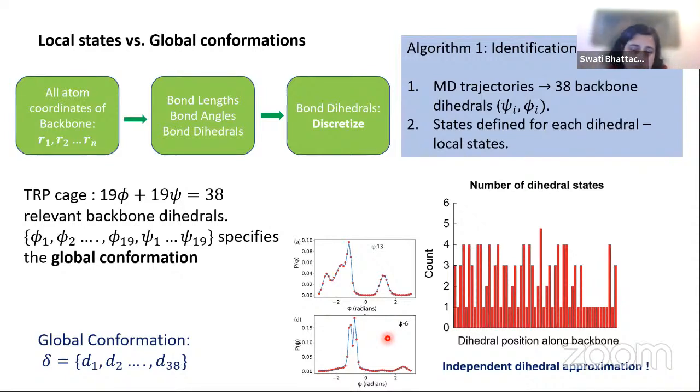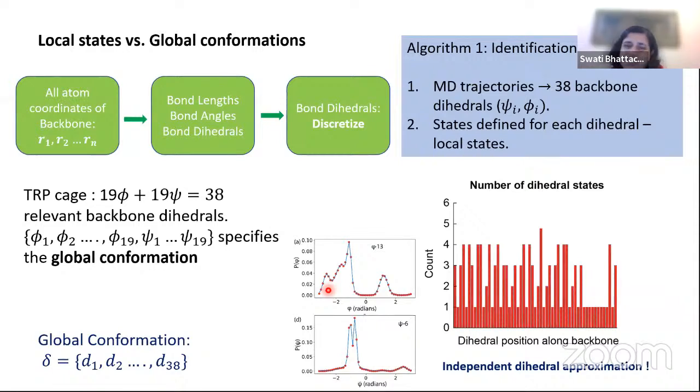This just goes to show that you can even visually identify multiple peaks, and these would correspond to different local states. This is what we are doing for every single one of these 38 dihedrals. So now, to represent the global conformation, all we need is just a list of these 38 numbers. And this is how we define our global conformations.